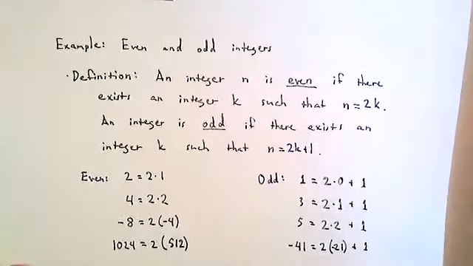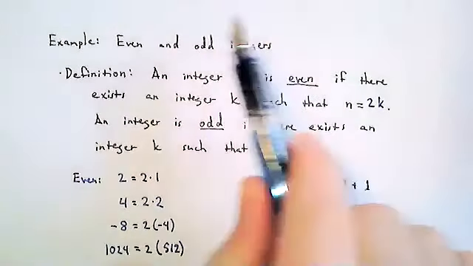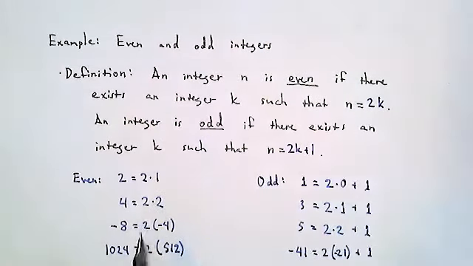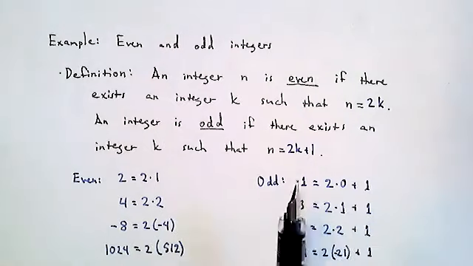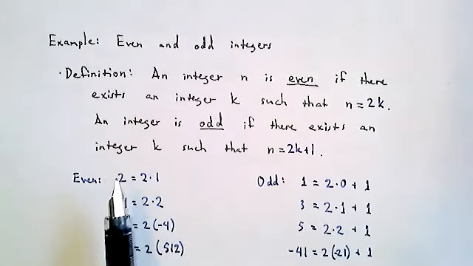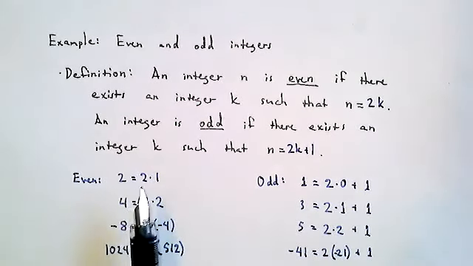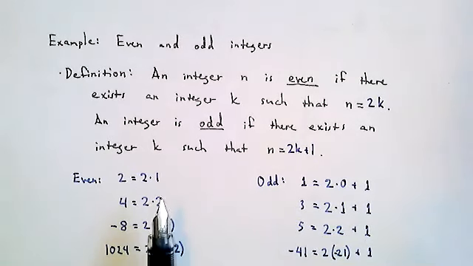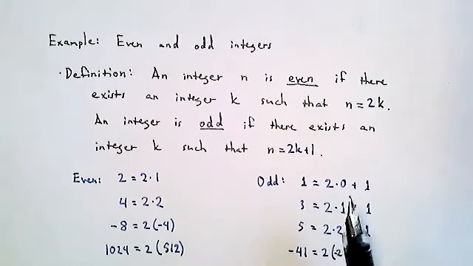This is the precise mathematical definition, and here are some examples of how that actually works. So for even numbers, you're looking at 2 times things to get even numbers. For odd numbers, you're looking at an even number, basically, and then you're putting an extra 1 on it to get an odd number.